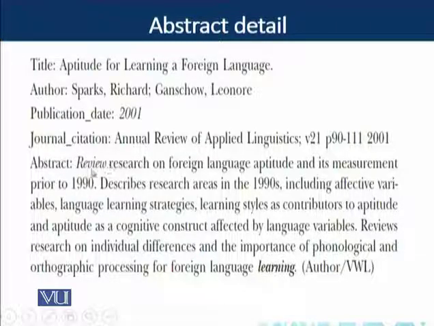It's not a primary research because it's a review: review of research on foreign language aptitude and its measurement prior to 1990. So as a researcher, you must know how to distinguish between these two types of works, primary research and position papers. With practice, you would definitely come to a point where you would easily understand them.